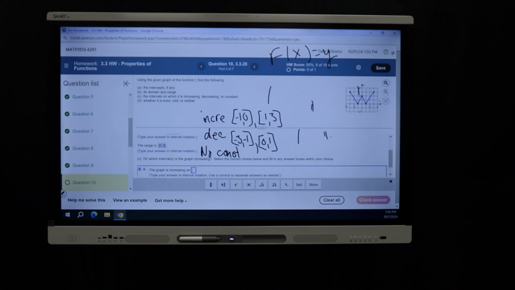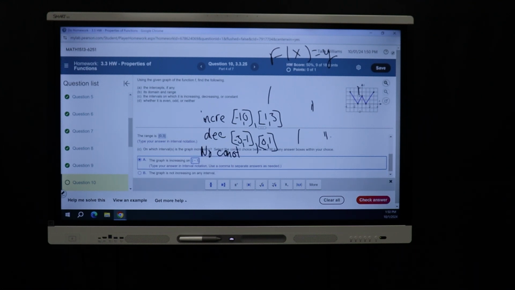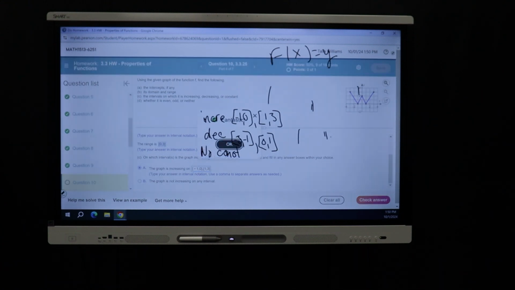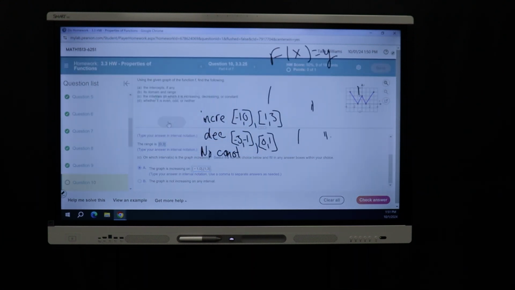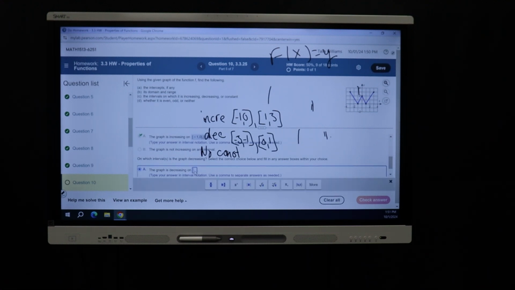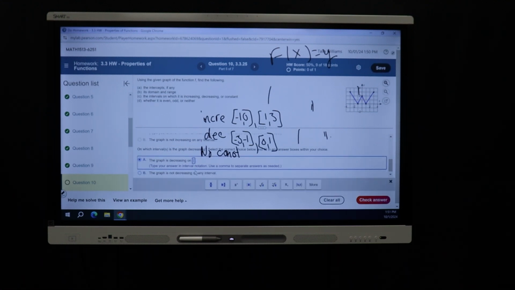The graph is increasing from -1 to 0, comma, be sure you put your comma between it, and then 1, 2, 3. Okay. Decreasing, we decrease from -3 to -1, and then 0 to 1.